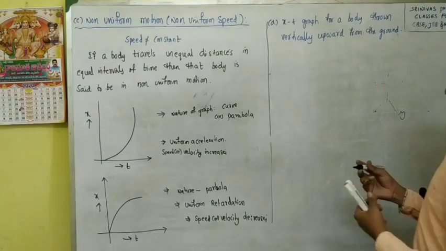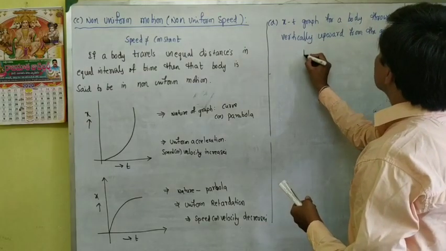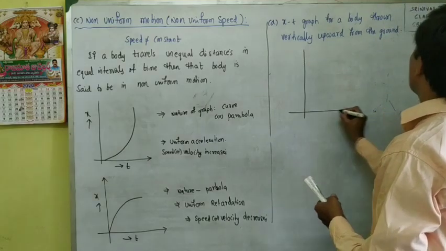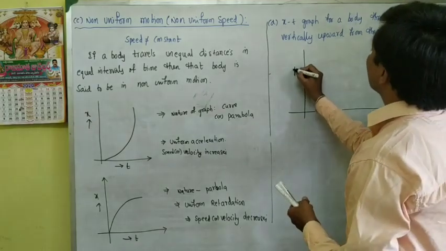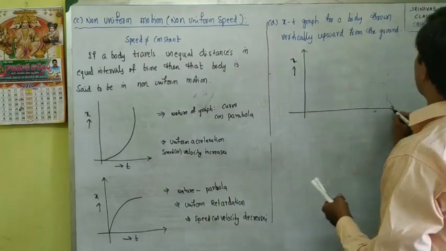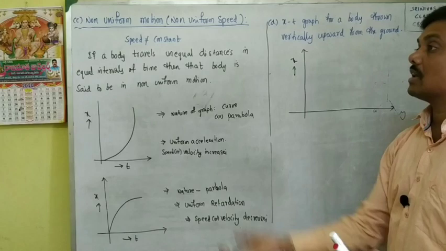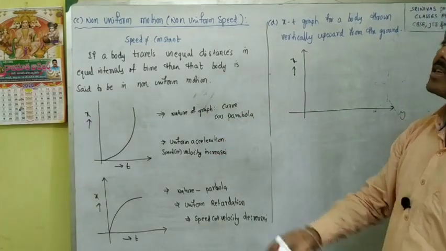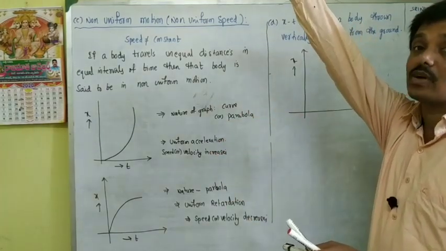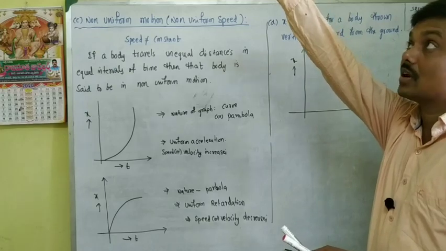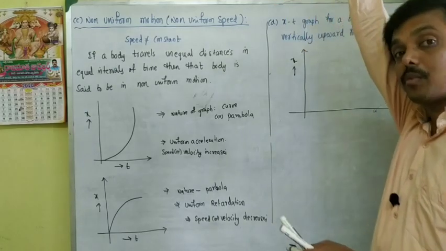Okay, right. Then what happens when we throw any object upward? Its velocity decreases. After reaching the highest point, its velocity becomes 0. If its velocity is not 0, then it will go further upward.